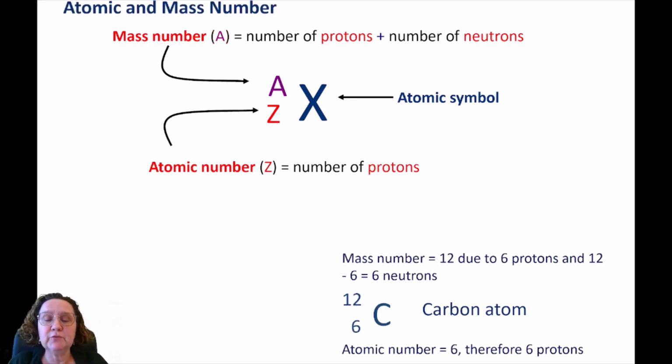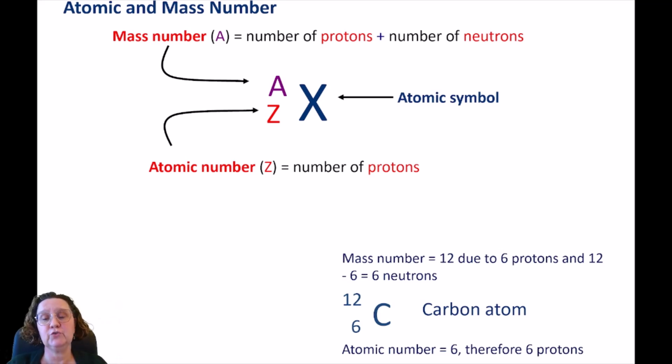We have another atom here which has a mass number of 12, an atomic number of 6, and the letter C. The letter C represents the element carbon, so I know it's a carbon atom. The atomic number is 6, which tells me that the carbon atom has 6 protons. Atoms not interacting with anything are neutral, so this carbon atom has 6 protons, therefore it has 6 electrons.